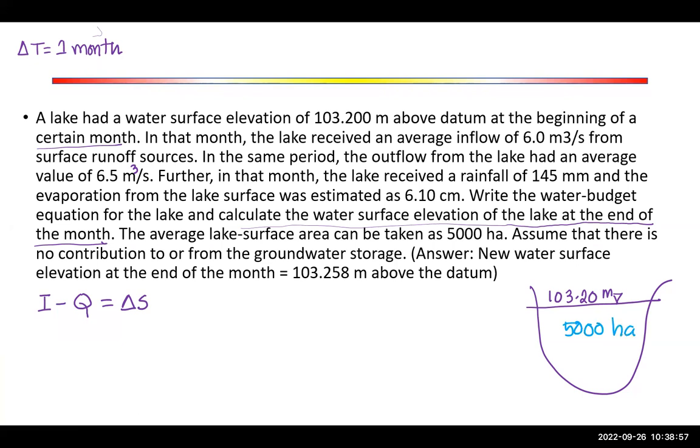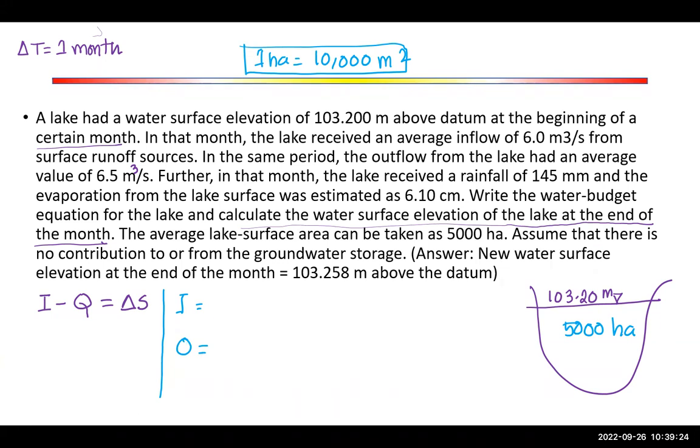Okay, now I didn't give you the conversion factor. 1 hectare equals to actually 10,000 meters square. Okay, now let's find out what are the inputs and what are the outputs, and then we can find the delta S. So what is the very first input?